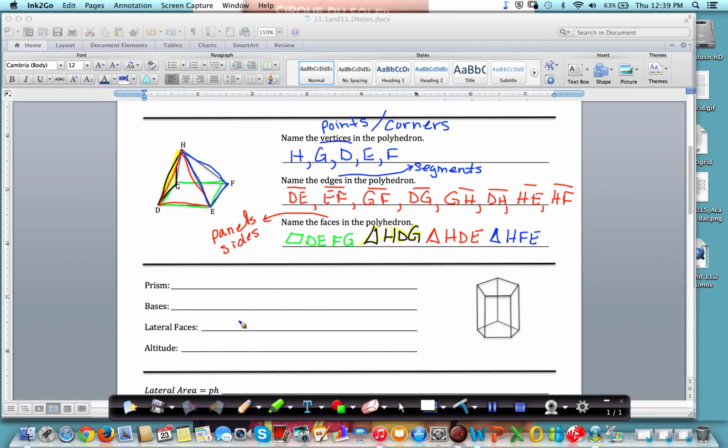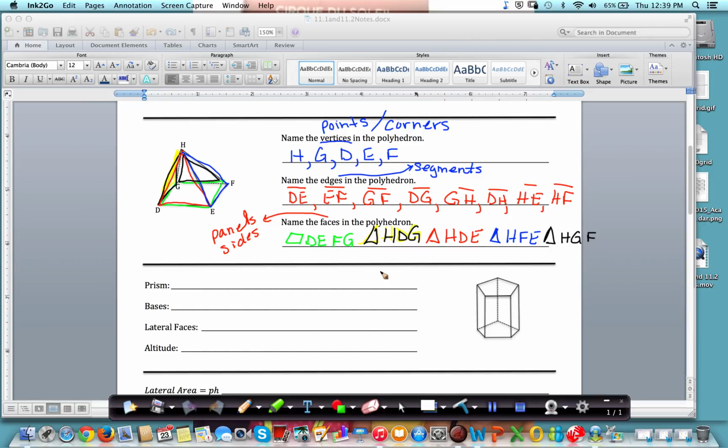And then the triangle in the very back, the back face, which is really hard to see back there, HGF, triangle HGF. So panels are sides. We name them, and we use the little figure in front to tell what kind of shape it is. That's how we name them.